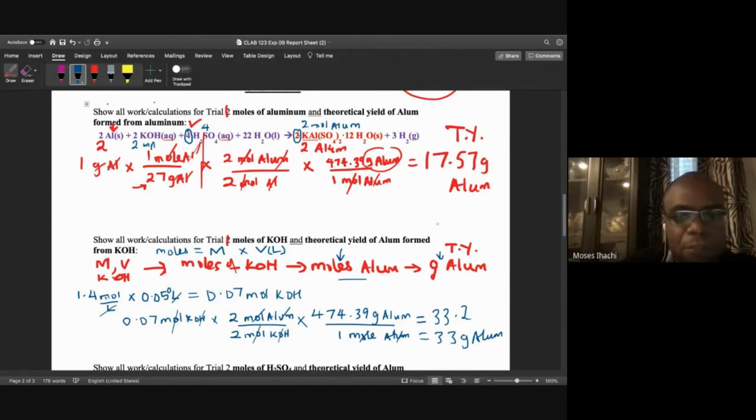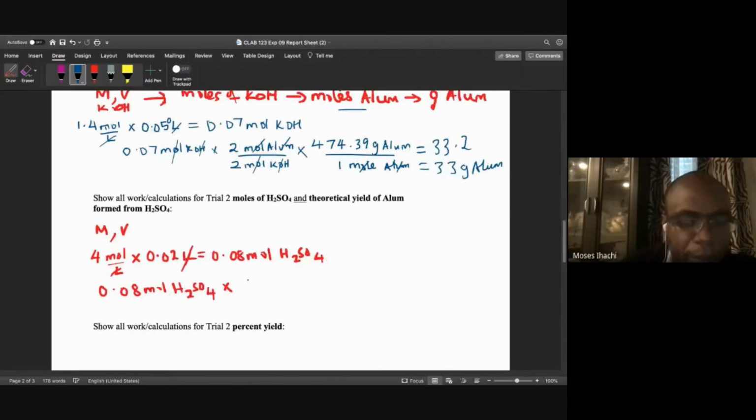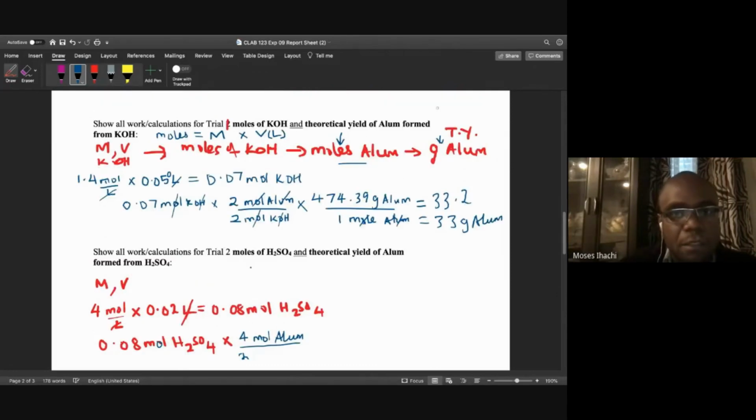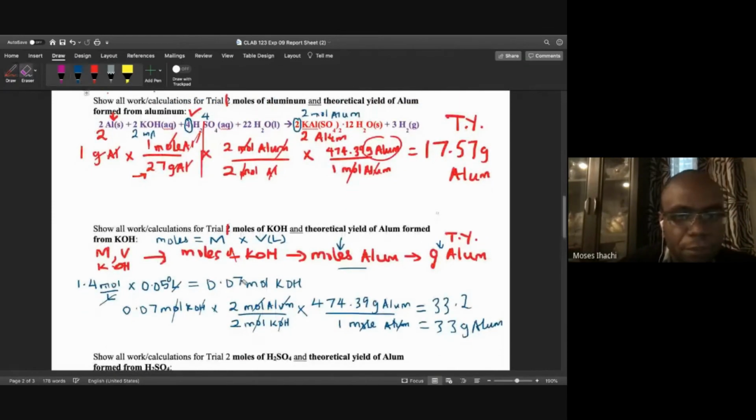That will give us the conversion factor. So I'll come down here and say, okay, I need the moles of alum. I know the reacting ratios. Oops, my pen is not writing. Let's see, it's the other way around. For every 2 moles of alum, sorry.